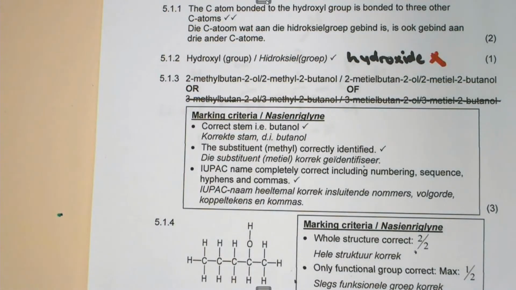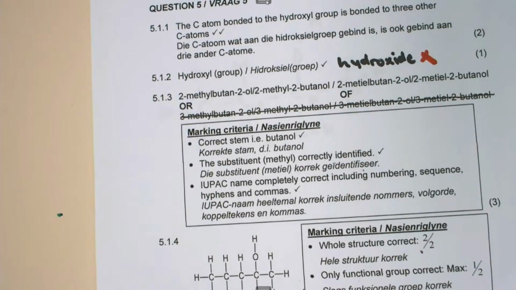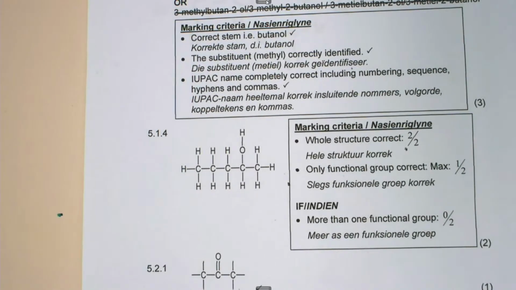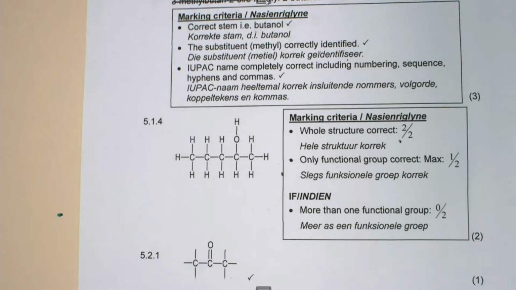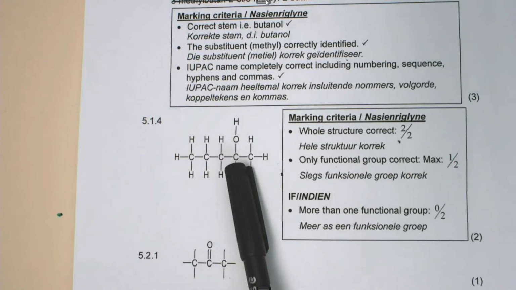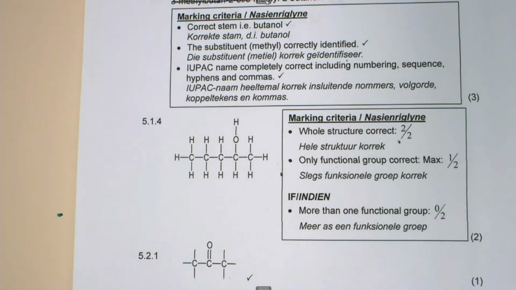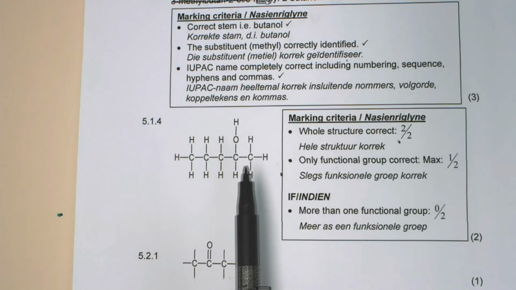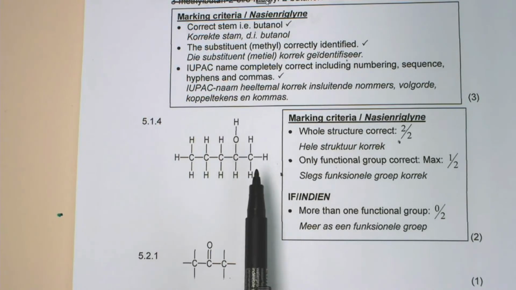So in this case, the chain carries 3 carbon atoms. Now let us check a chain isomer of the 2-methyl butan-2-ol. It must have the same molecular formula, but a different chain. So in this case, we moved from a chain with 4 carbon atoms to a chain with 5 carbon atoms.